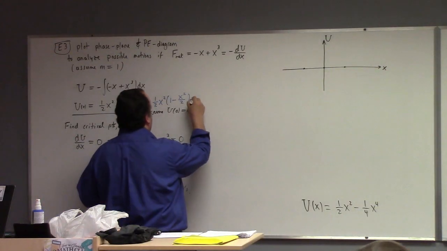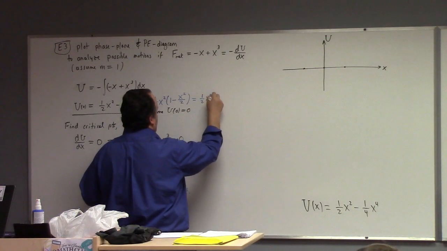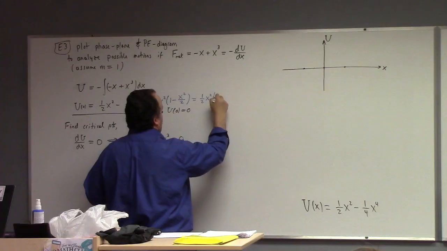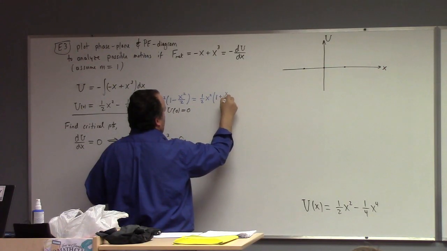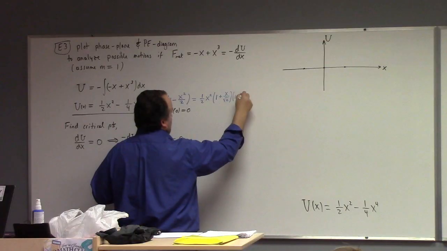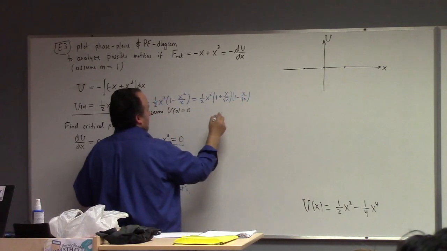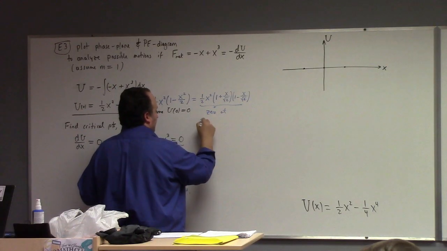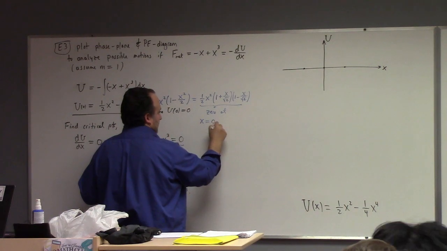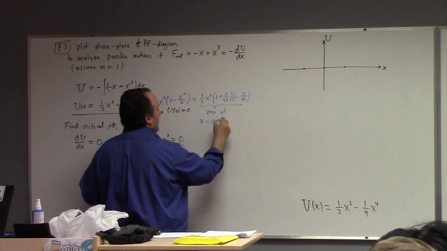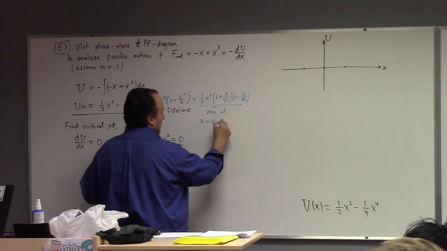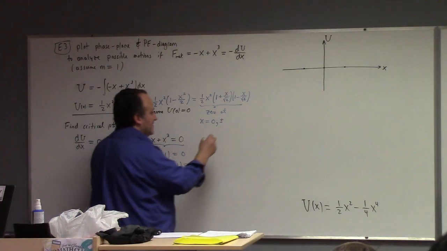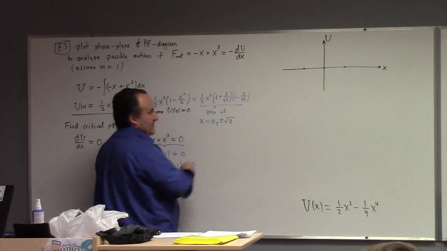So look, this is 1/2 x squared times 1 plus x over root 2, 1 minus x over root 2. So this is 0 when x is 0, of course, and also plus or minus root 2. I know it's kind of weird the way I've written it, but that's clear enough, right?